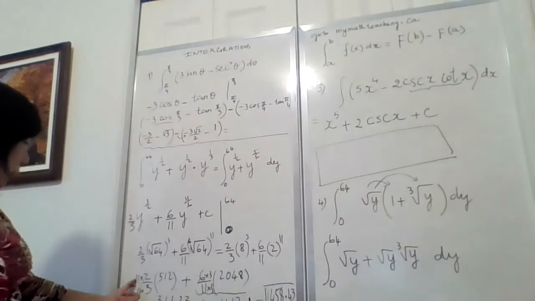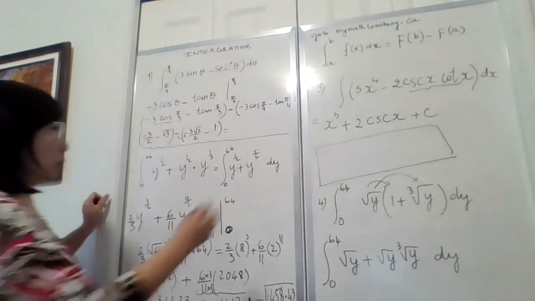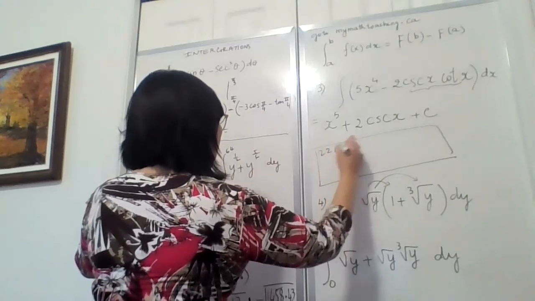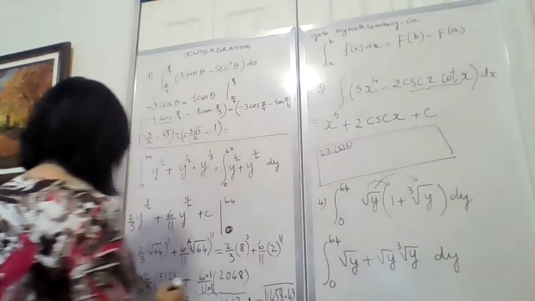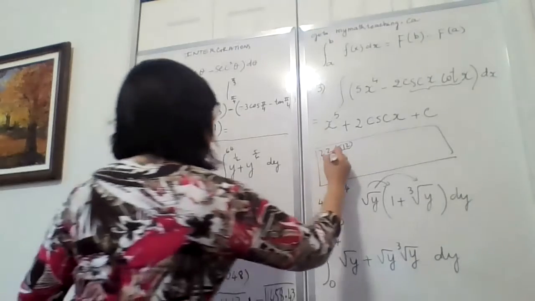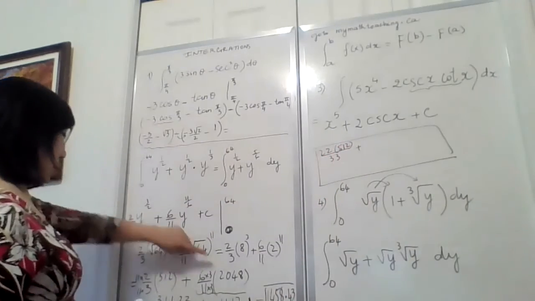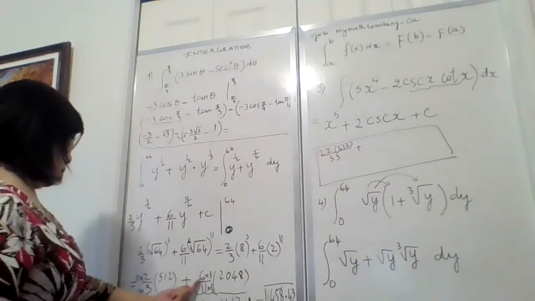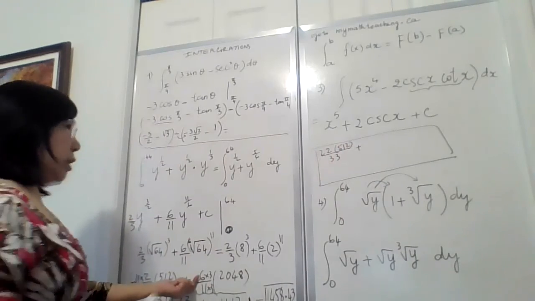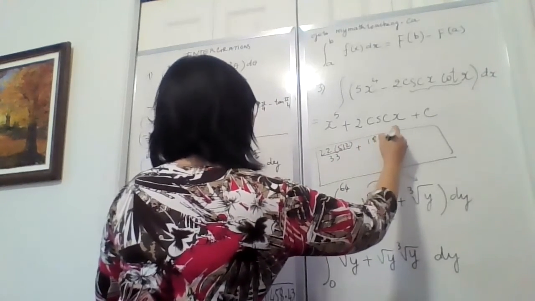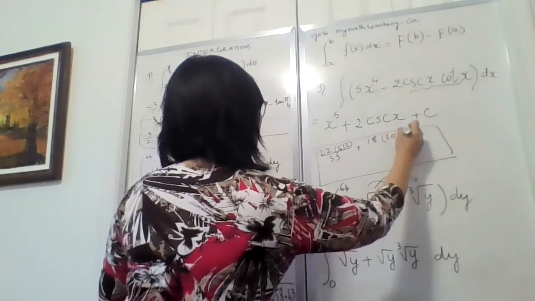If we do that, we'll get 22 here. So we get 22 times with 512. All of them over 3 times 11 will be 33. Adding with 6 times 3 is 18. 18 times with 2048.